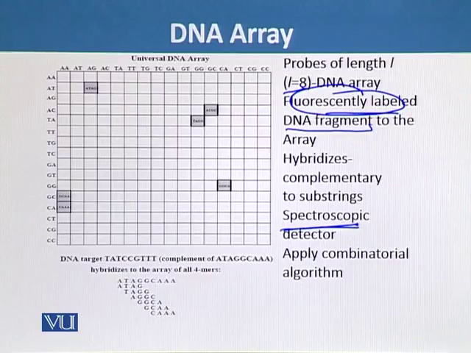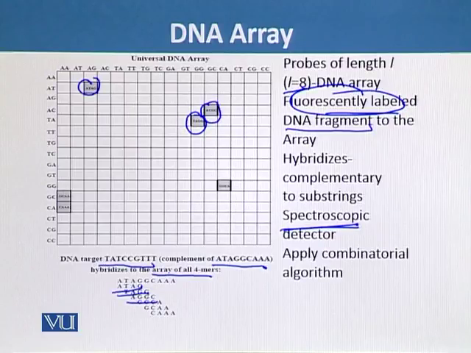Here we can see that if we have a DNA target and hybridize it with an array of all 4-mers, it will hybridize with either ATAG, TAGG, AGGC, and so on.